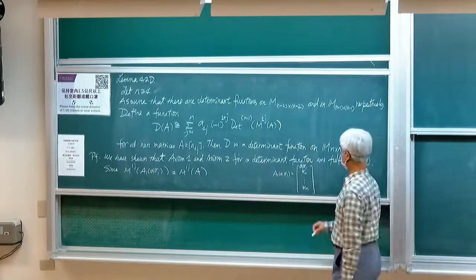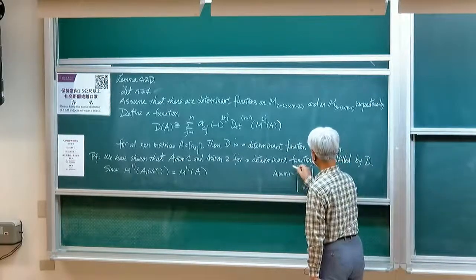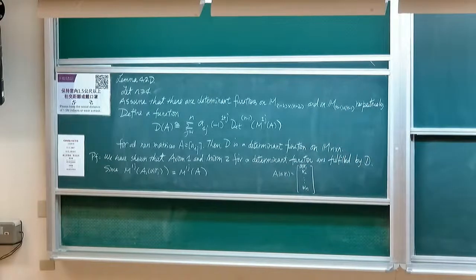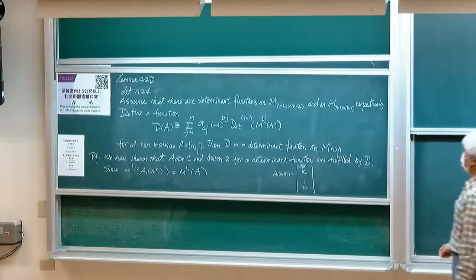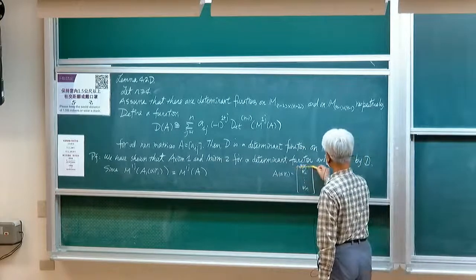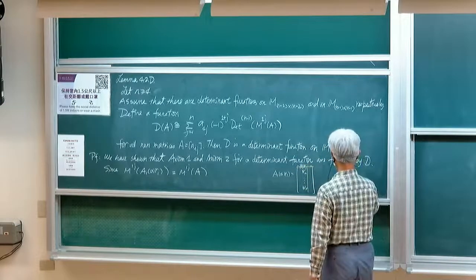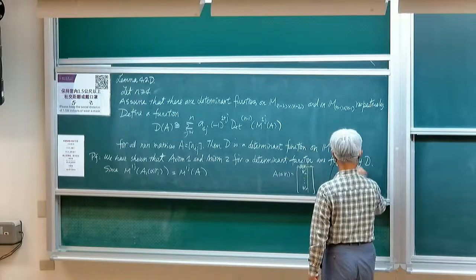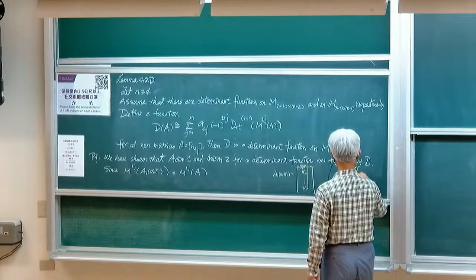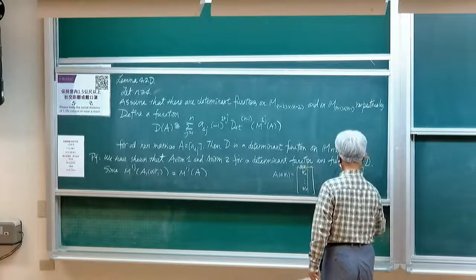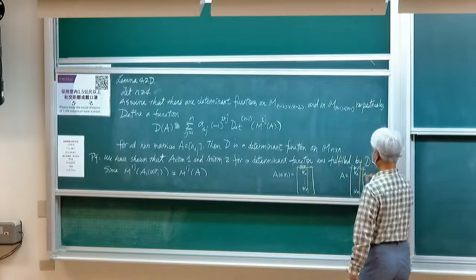And when we remove the first row and the jth column, and look at the A here, R1, R2, up to Rn, you remove the first row and the jth column.